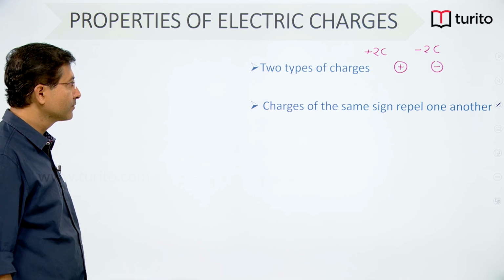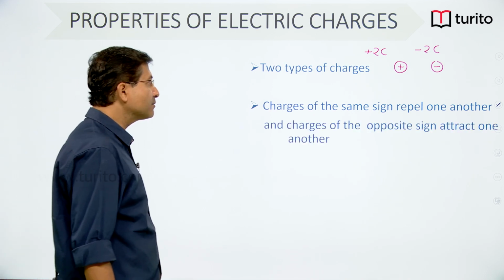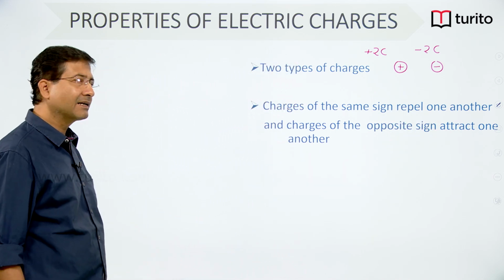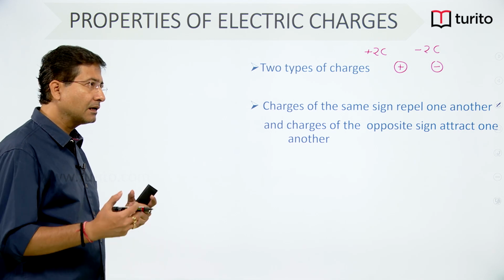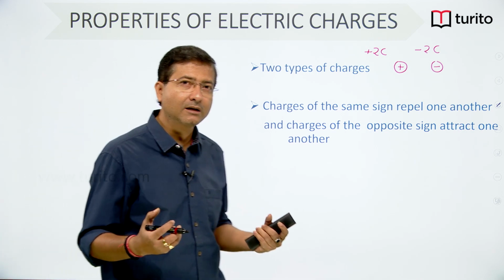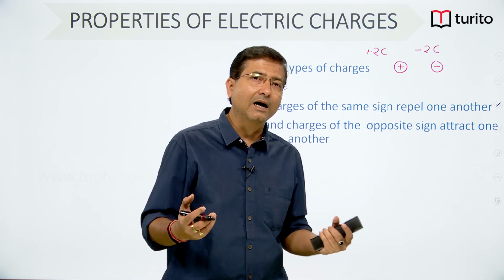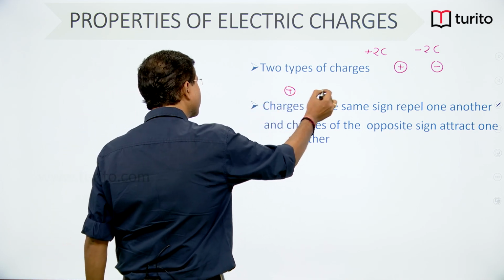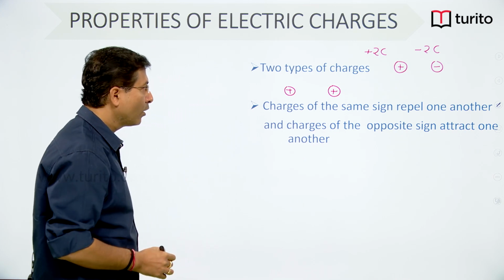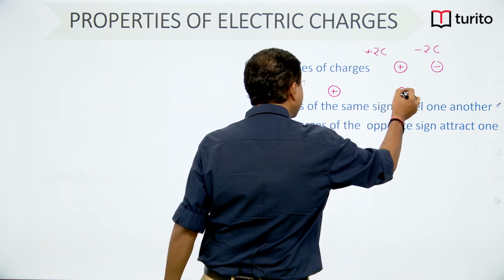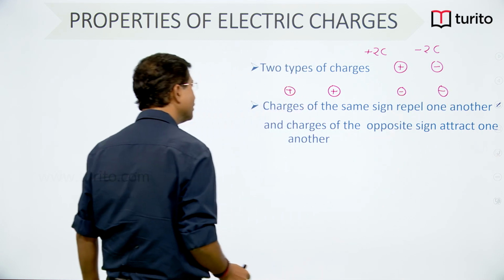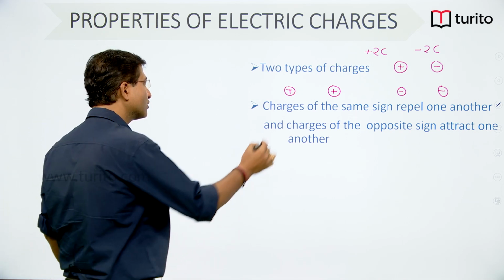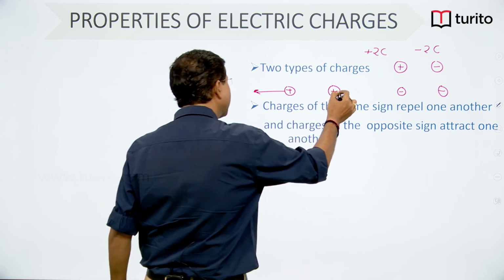Let us see the next property. Charges of the same sign repel one another and charges of opposite sign attract one another. Similar charges will repel each other and unlike charges will attract each other. That means if I have a positive charge and another positive charge, when released they will try to fly apart. So this will try to move this way and this will try to move this way.